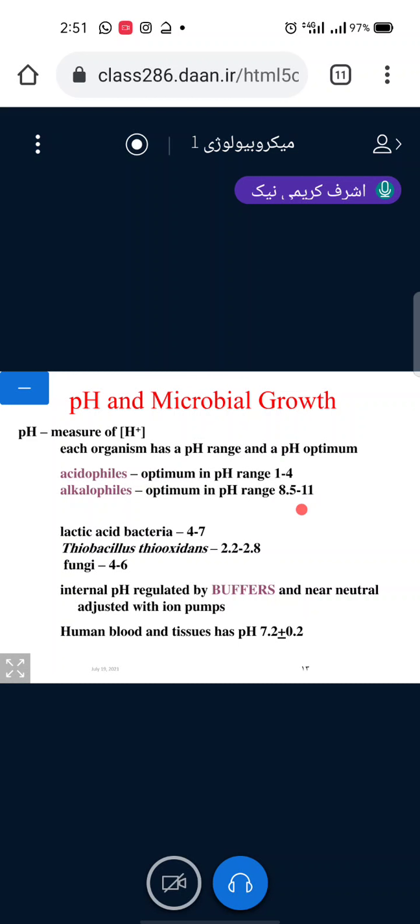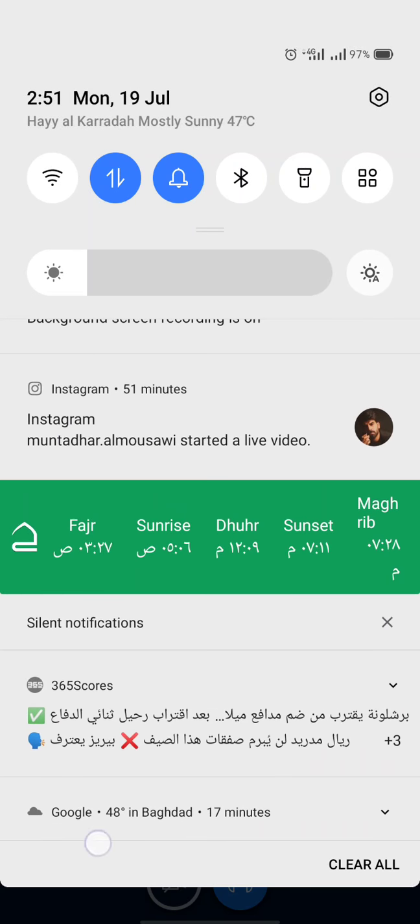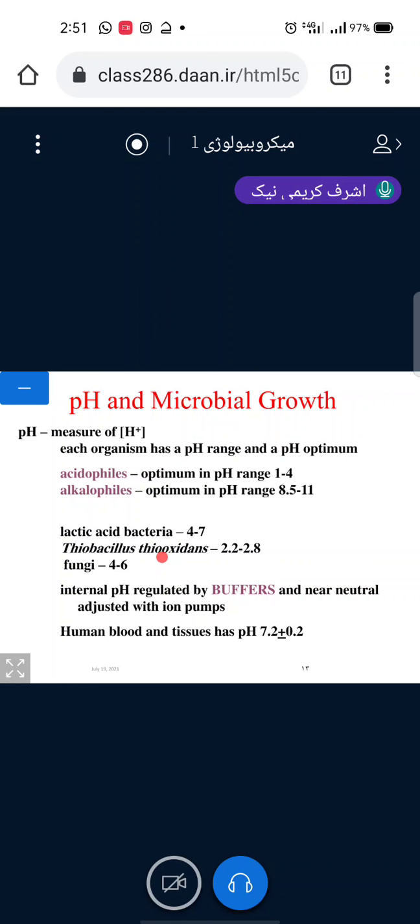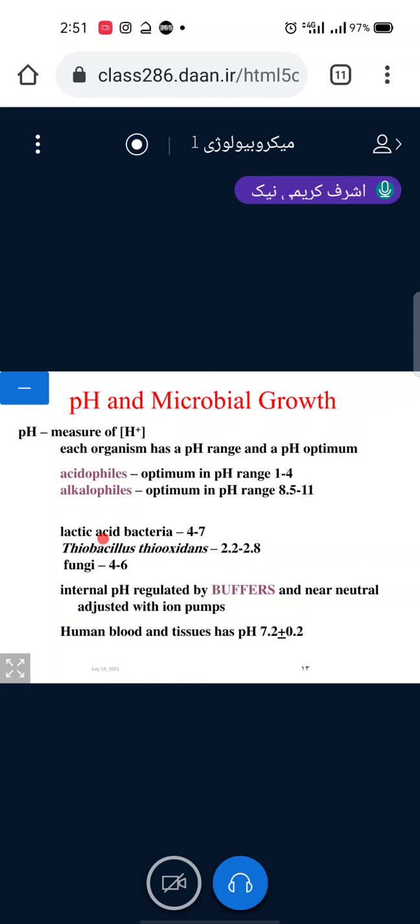Acidophiles include lactic acid bacteria and Thiobacillus bacteria, Thiobacillus thiooxidans and Thiobacillus ferrooxidans. For lactic acid bacteria, optimum pH is 4 to 7; for Thiobacillus it is 2 to 3, for example; for fungi it is 4 to 6.